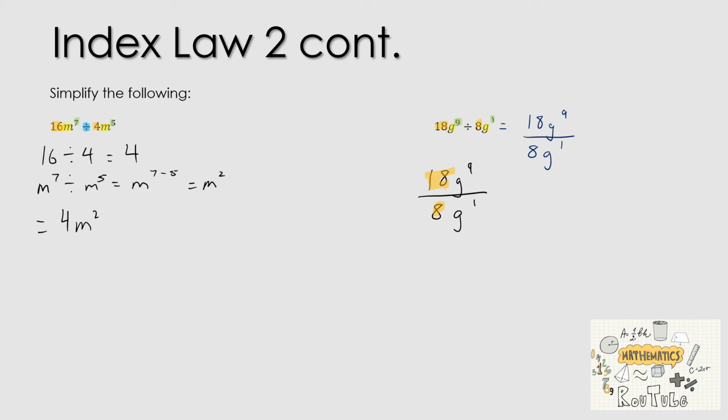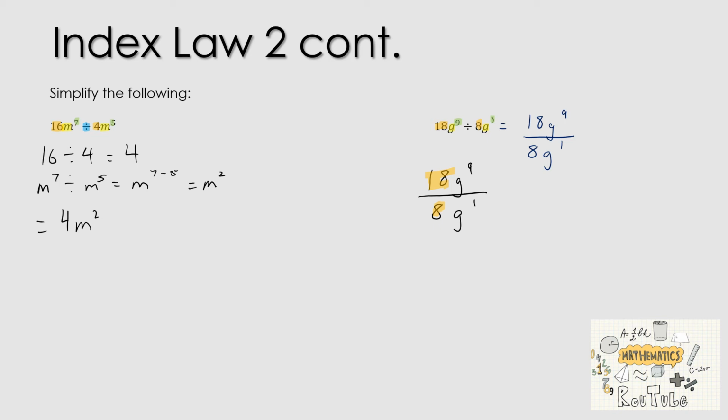Like I said, we need to identify the highest common factor. What number is the highest value that goes into both 18 and 8? Hopefully you'll identify, or you can list all the factors, that the highest common factor is 2.